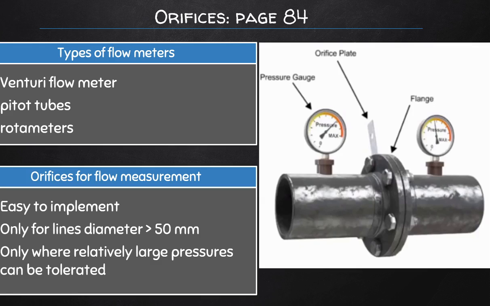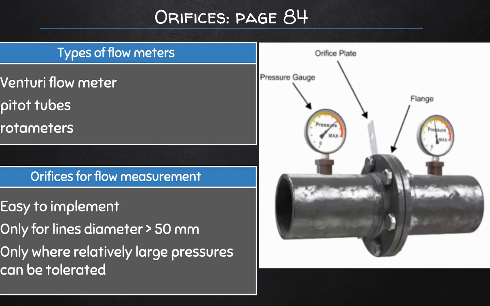Now one of the simplest types which can be constructed even at home is called an orifice flow meter. If you have a pipe diameter less than 50 millimeter, then this is probably not for you, because they can only be used accurately for lines with diameters that are larger than or equal to 50 millimeter.